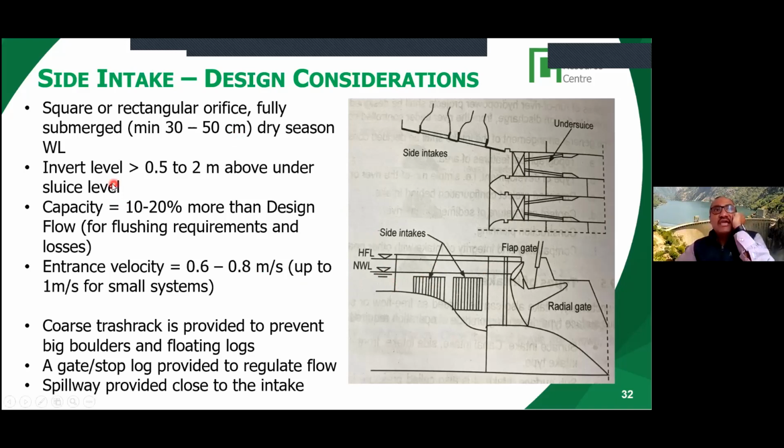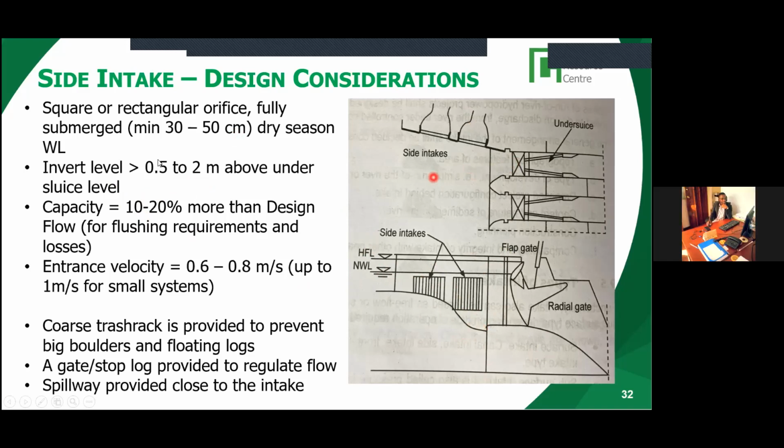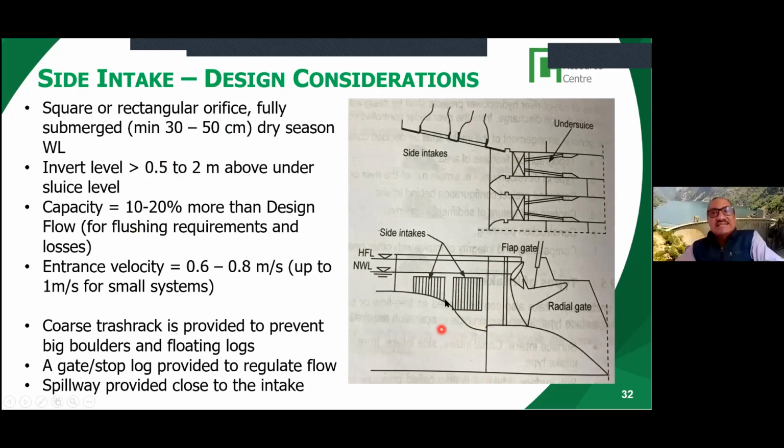The invert level, which is the bottom level of the intake, should be 0.5 to 2 meter above the undersluice level. So the level here has to be more than this. And the capacity should be 10 to 20% more than the design flood.